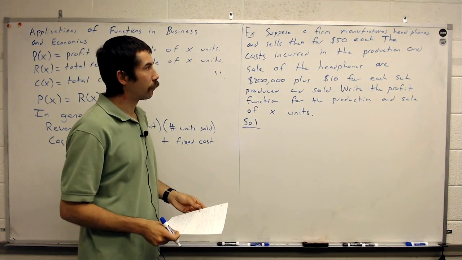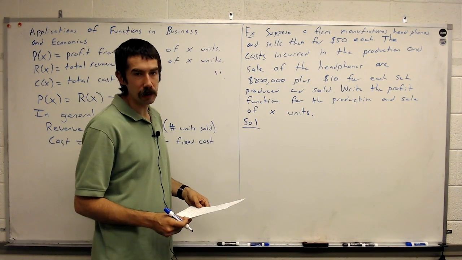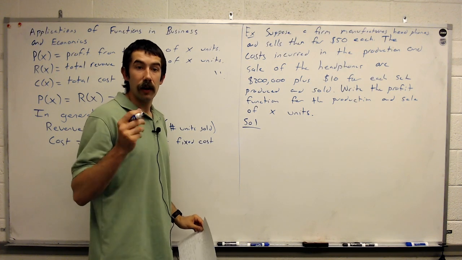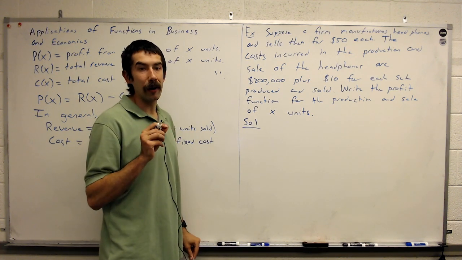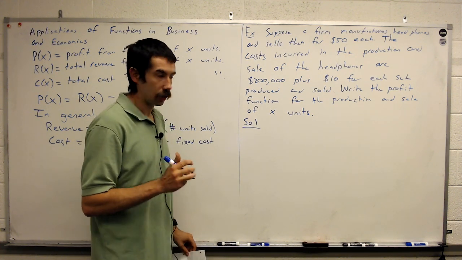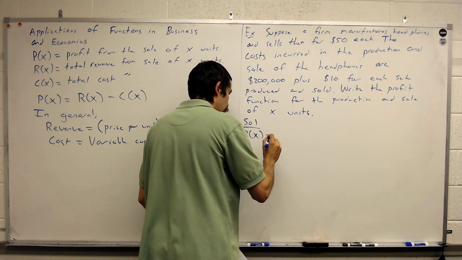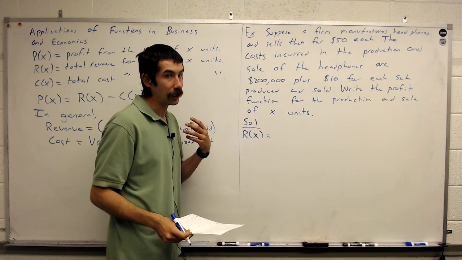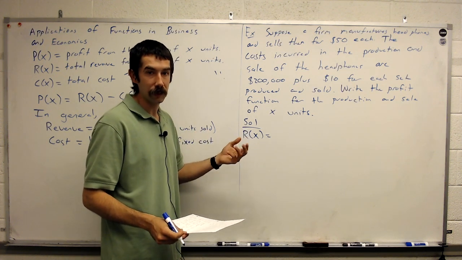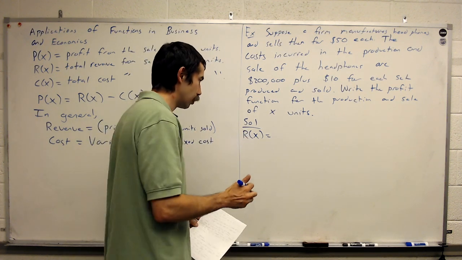All right, so a firm manufactures and sells headphones for $50 each. Using this information, we could find our revenue function, right? Our revenue is how much we sell the headphones for times the number of headphones we sold.